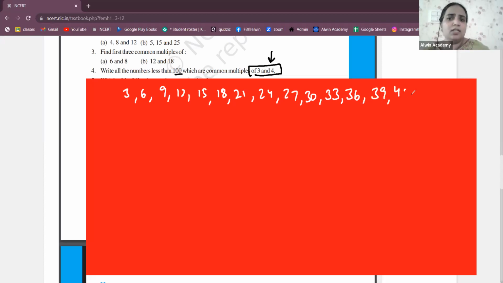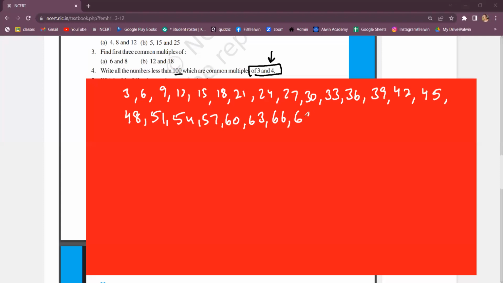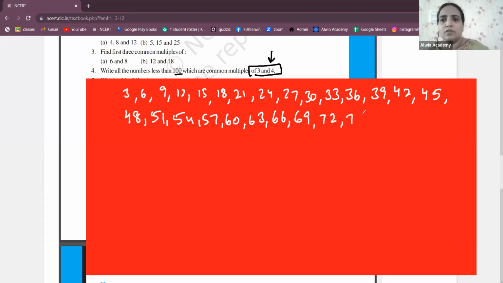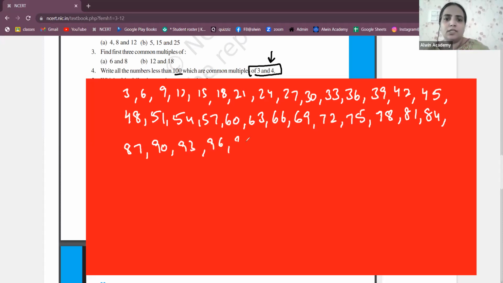Why not? जल्दी जल्दी से बोलो. कोई नहीं बोल रहा है, मुझे ही करने पड़ेंगे सारे लिस्ट. 45 and 48 then 51, 54, 57, 60, 63, 66, 69, 72, 75, 78, 81, 84, 87, 90, 93, 96, 99.